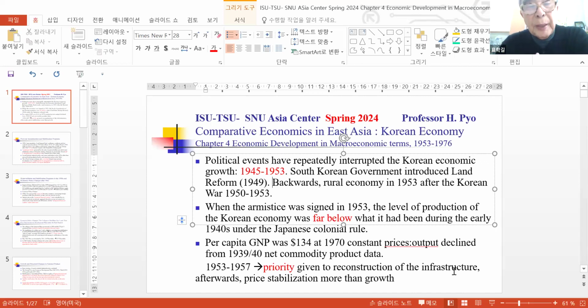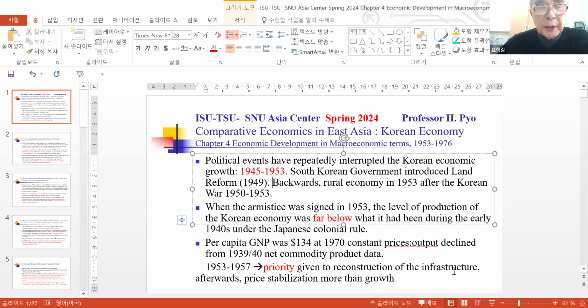There was an absolute lack of food and necessities. Therefore, inflation was hyperinflation. Hyperinflation is the keyword, where the inflation rate reaches over 50%, 100%, at times 200 or 300%.